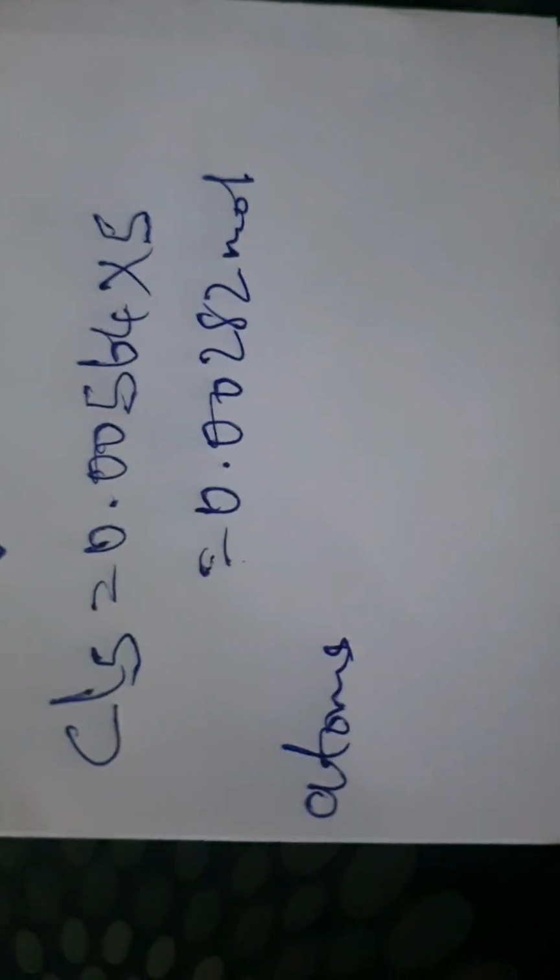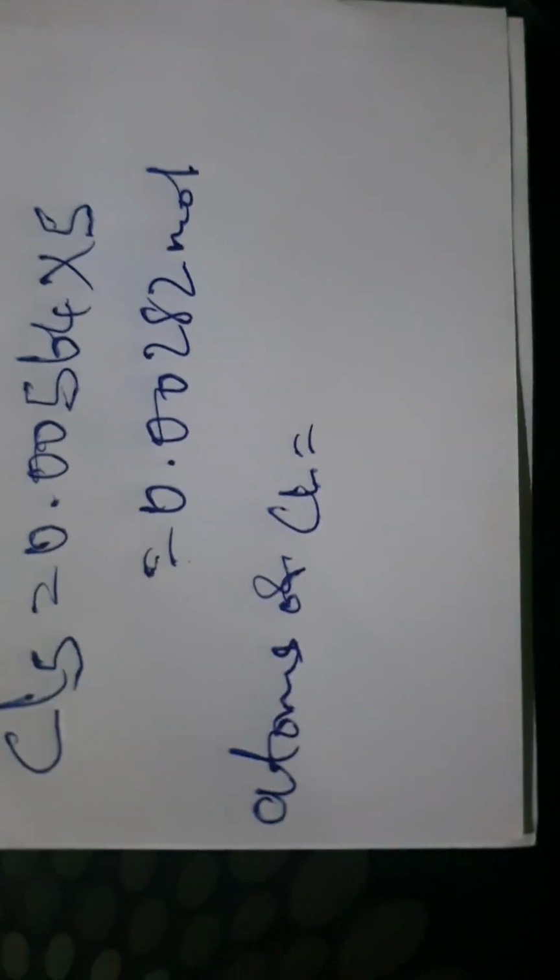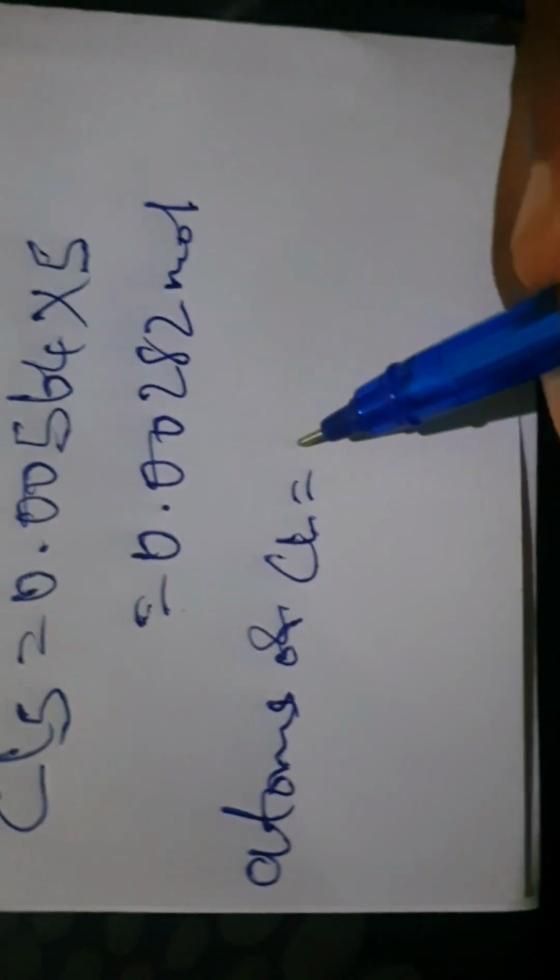It was 0.00282 mole. So now we're going to find Avogadro's number, the atoms of chlorine. Atoms of chlorine is equal to 0.00282 times 6.02 times 10 raised to the power 23.